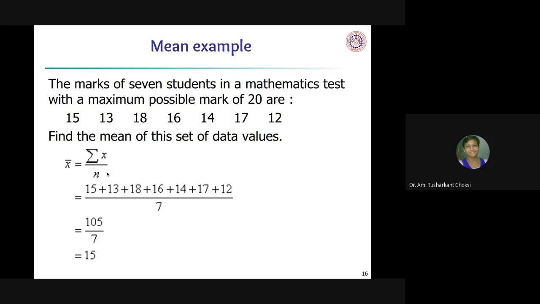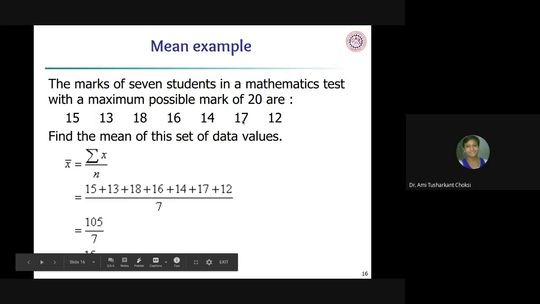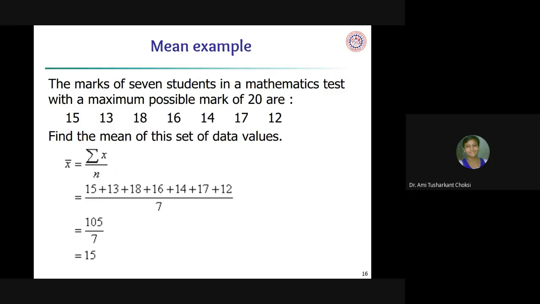If we want to find the mean, we know that x bar is equal to sigma x upon n. So we take all this data, take the summation of it, and the number of data is 7, right? The summation of these numbers is 105, and the total number of data is 7. So 105 upon 7 is equal to 15, right?